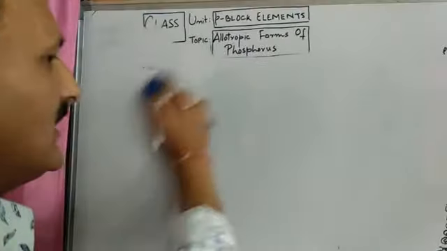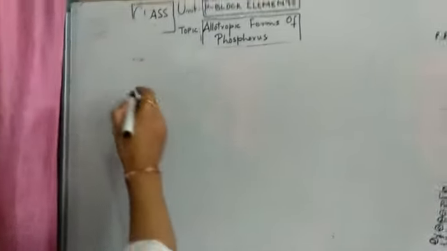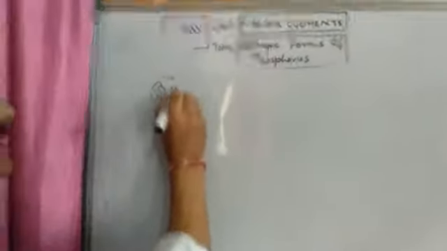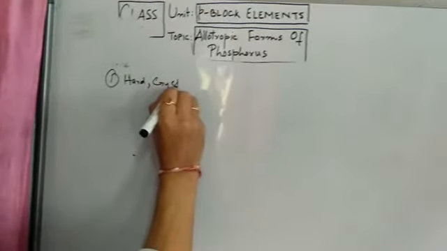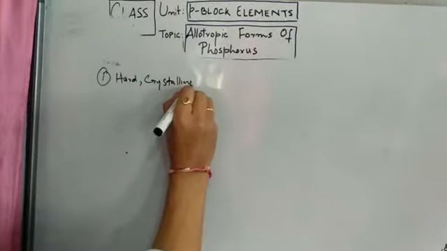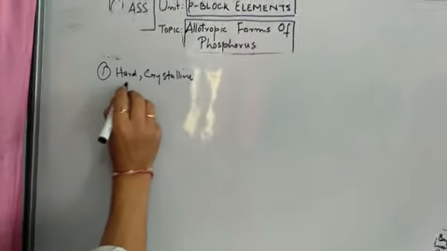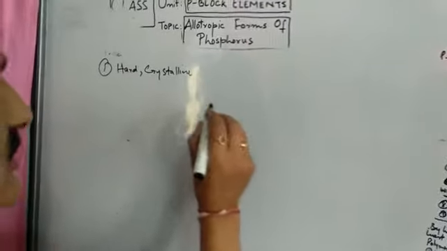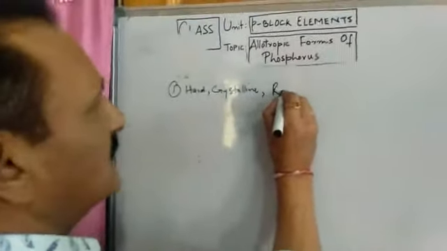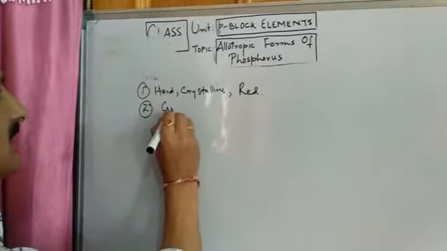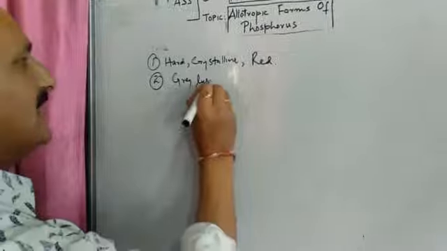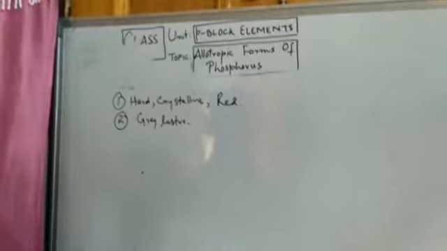Now coming to its properties. It is a hard crystalline solid. This is red phosphorus for you. Red phosphorus is hard and crystalline in nature. As far as its color is concerned, it is red, but it has a gray luster, so it shines. This is another property of red phosphorus.